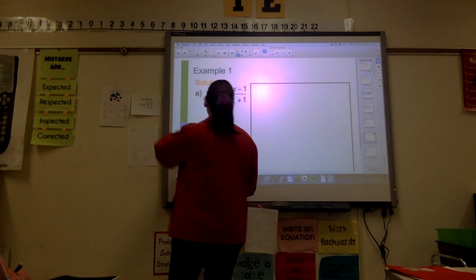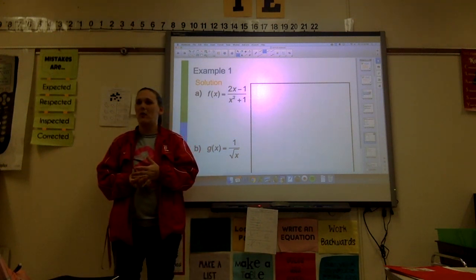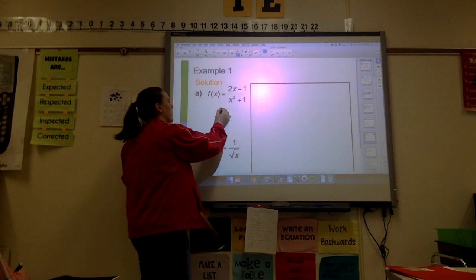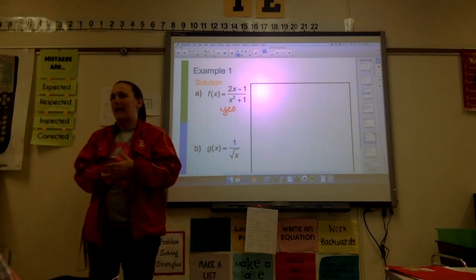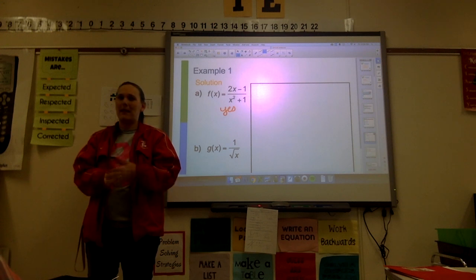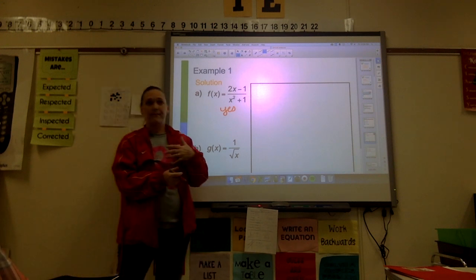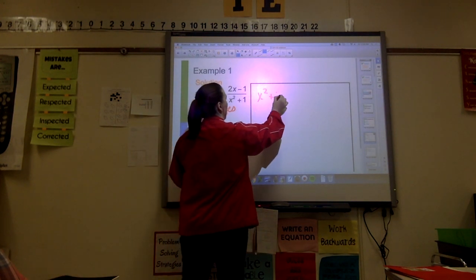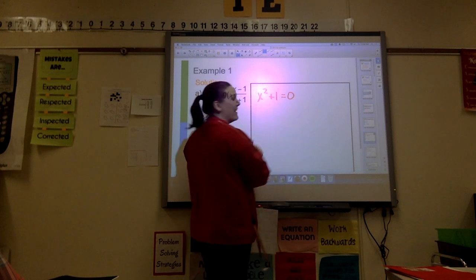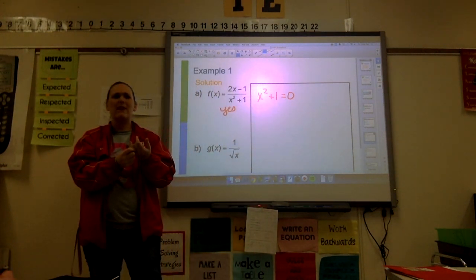Okay? First of all, is this, question A, a rational function? Is it a polynomial divided by a polynomial? Yes. So we've got a rational function. Now we need to state its domain. What can x be? Well, rather than looking at what x can be, what can't it be? Don't I need to look where that is equal to 0 and say we shouldn't have that? Does that ever equal 0?